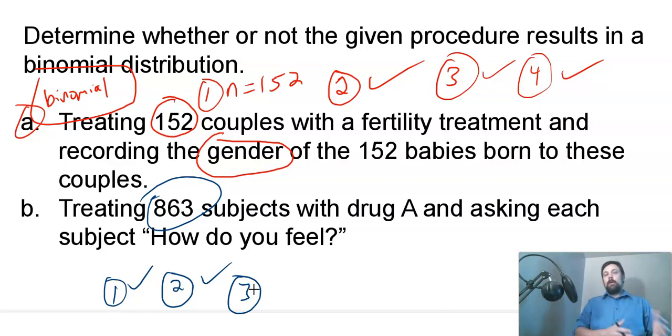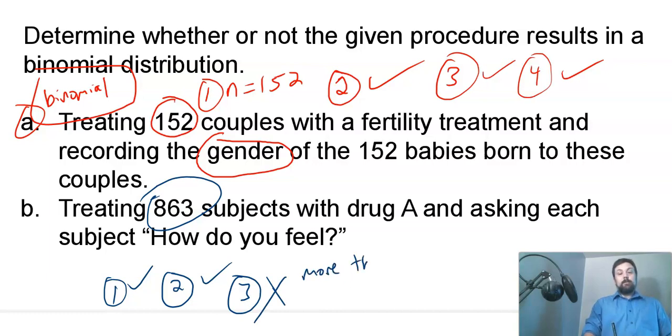I feel 90%. I feel 80%. I feel 70%. I feel 100%. There's multiple ways somebody might answer that. And if that's the way you're asking it and that's the response you're recording, there's more than 2 possible responses to that. And so this one is not satisfied. There's more than 2 outcomes.